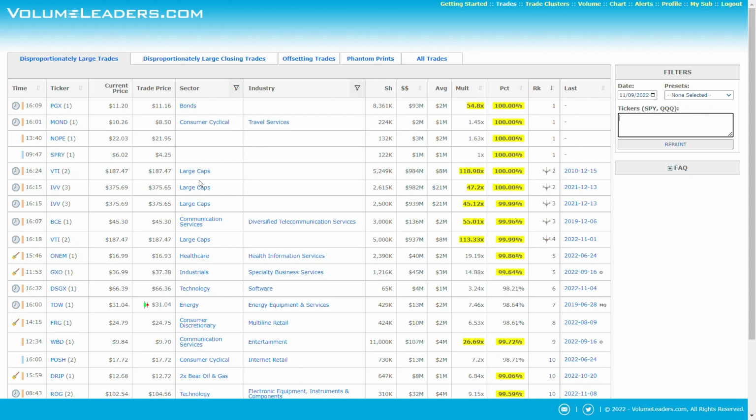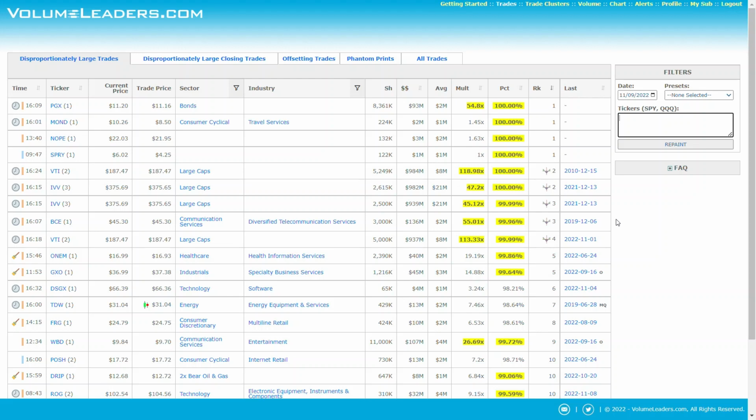But then I see these large cap ETFs here. I see VTI and IVV, and they both came in at second and third ranked trades. With IVV, I see the number 2 and the number 3. That really stands out to me as something important when an institution is committing that much relative size at one point in time.